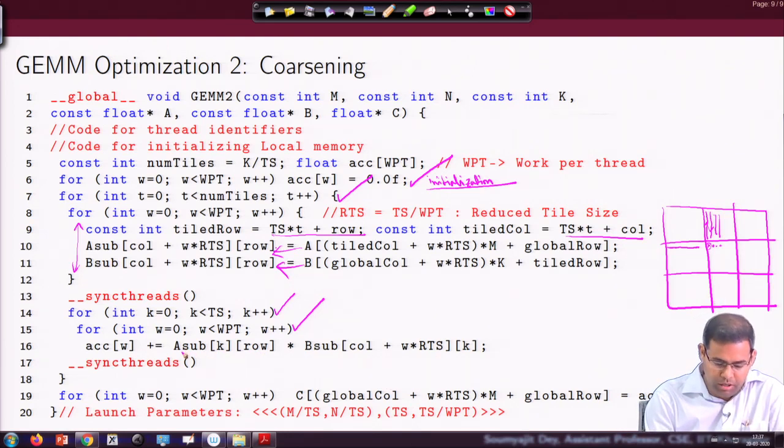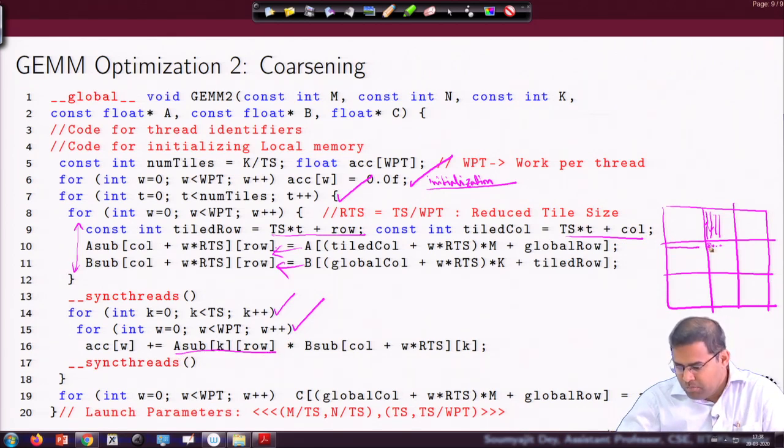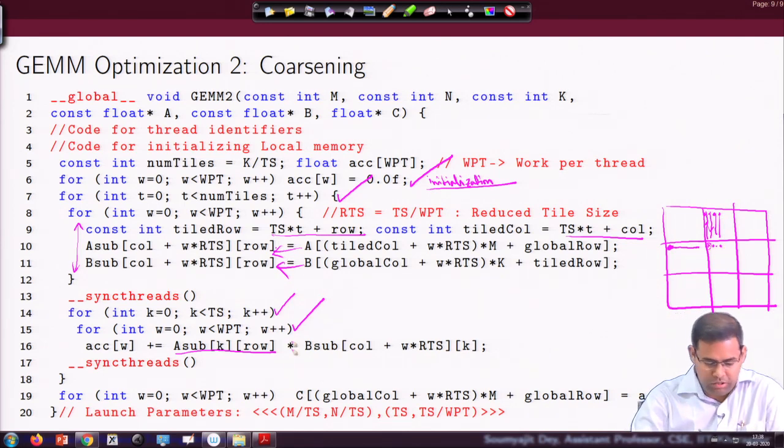But if we are trying to understand, then when this loop is making the computations for these 4 points, it can take one value here, and it has to multiply that value with the value here, here, here and here, right. So, one load of this, multiple loads of data from B sub and that many multiplications. Go to the next iteration of the loop, one load from A sub, multiple loads from B sub, that many multiplications, right.